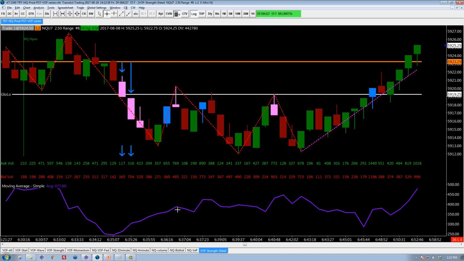And what I found is that when I use the total amount of selling in the bar, it's very noisy. Or the total amount of buying in the bar, it's fairly noisy. And it kind of didn't matter how you used it.